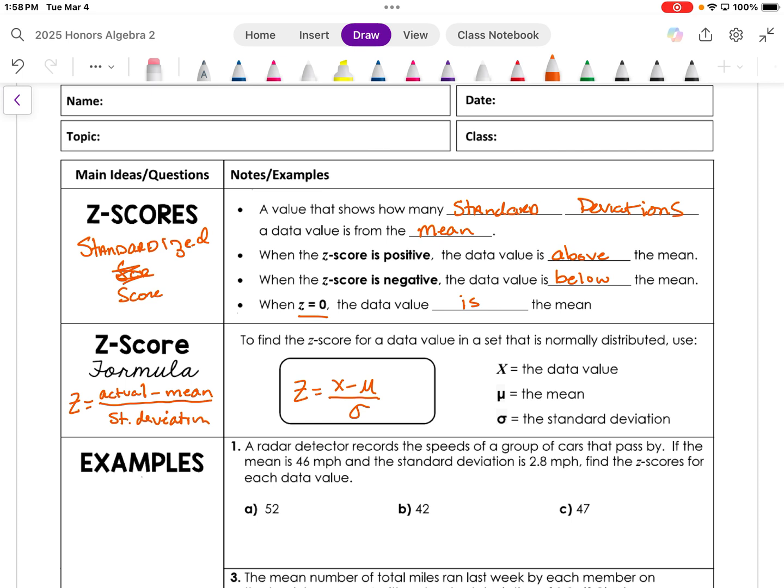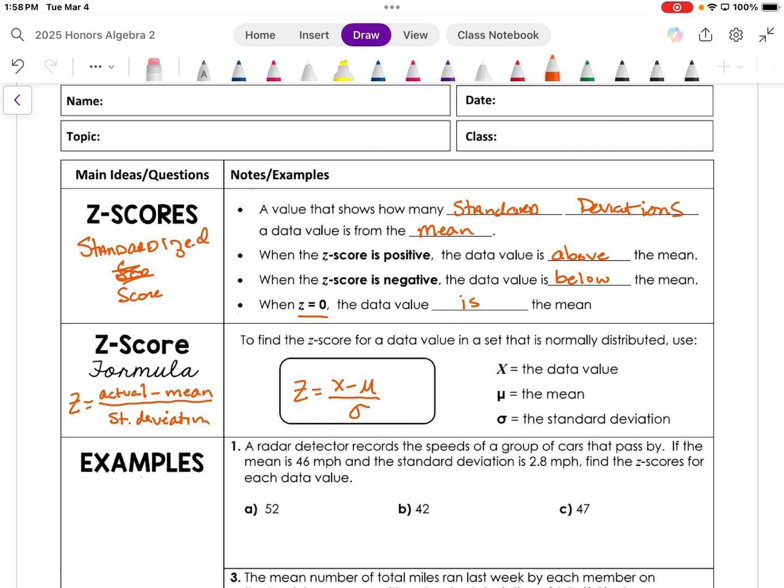So what we get to practice here in a few problems is we get to start solving for a z-score in a certain situation based on a certain mean and a certain deviation and also a certain x value, a certain actual score. And then when we do that fraction, that gives us our z-score. Eventually, we're going to spin away from that to where it's going to say, I'm going to tell you the z-score. I'm going to tell you the mean and the standard deviation.